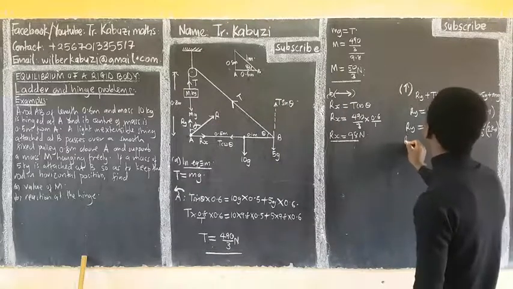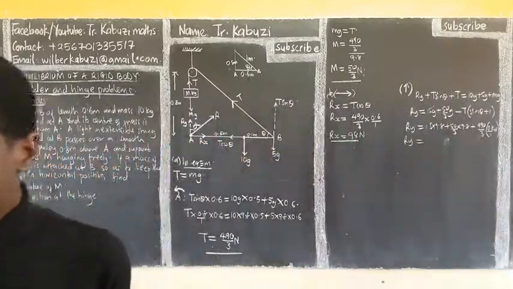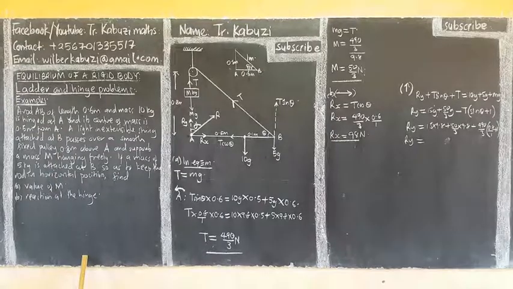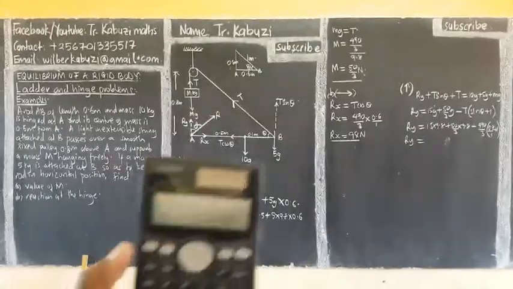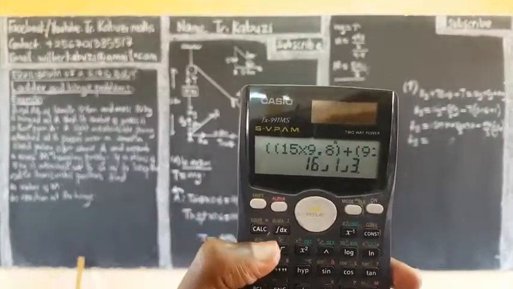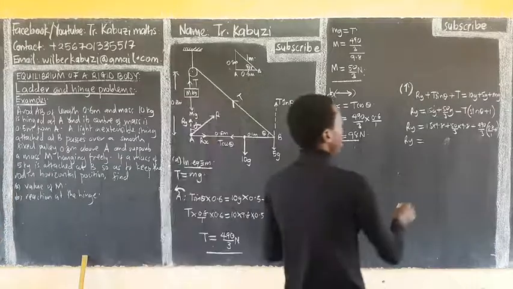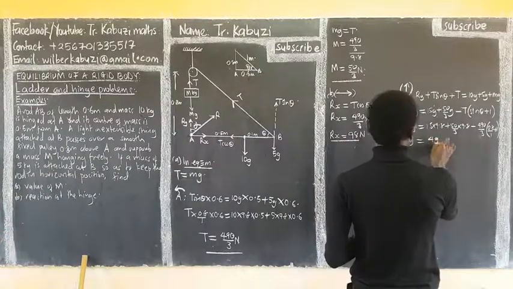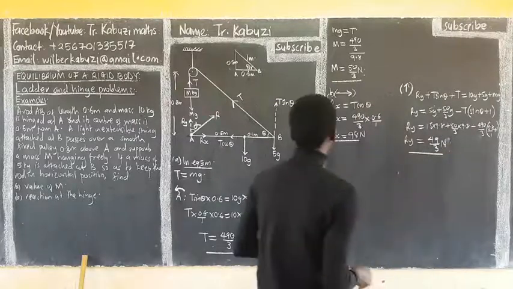So my Ry, now you give us the answer. Let me pause and I calculate. I think you can see my answer there. When I write it as a fraction, it's going to be 49 over 3. So that's now my vertical component.